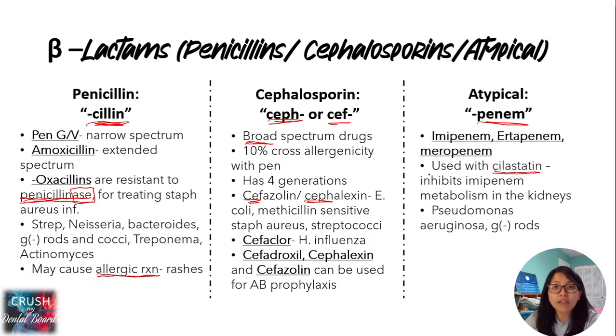Okay, so the effect of the drug would last longer. Why? Because without cilastatin, what happens is the imipenem would be easily metabolized in the kidneys. So once it is metabolized, then the drug won't work anymore. Okay. Now your atypical beta-lactams would work usually with Pseudomonas aeruginosa and your gram-negative rods.